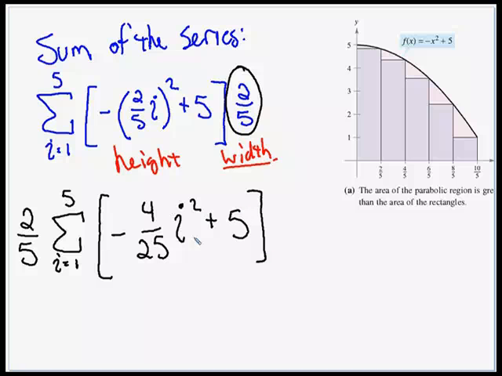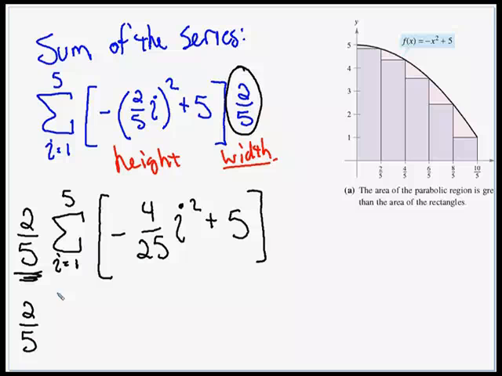Now that i squared is something we can plug a formula in for, and we can pull some other stuff out front. I'm going to break this into two separate summations. Remember, the 2/5 will be distributed over everything. For the first summation, I can factor out this negative 4/25.